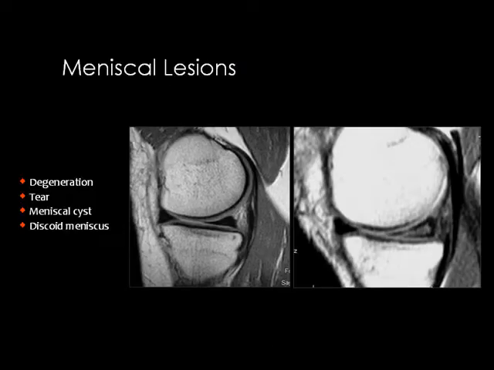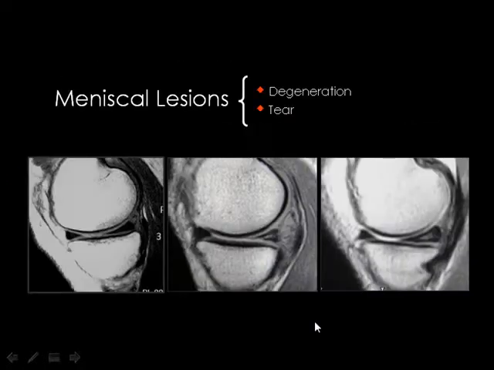Okay. Then I have said that the normal meniscus is black in all images, and if you see any abnormality in the meniscus, you are thinking of degeneration or tear. Then, in order to differentiate, if the abnormality does not disrupt the borders of the meniscus, this is degeneration.